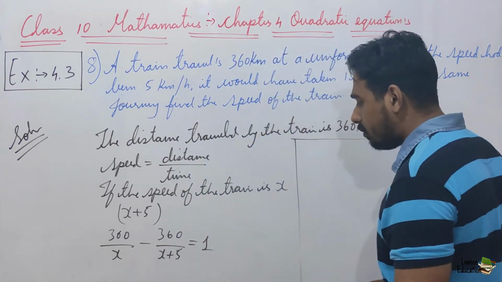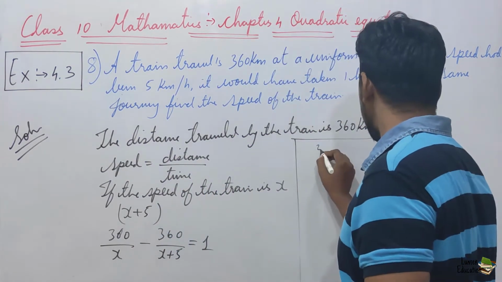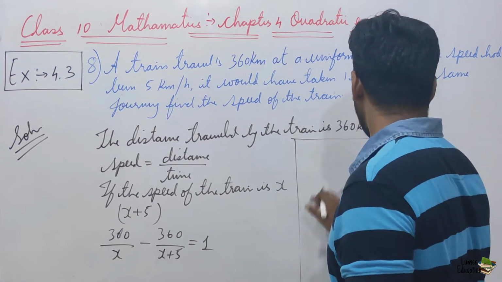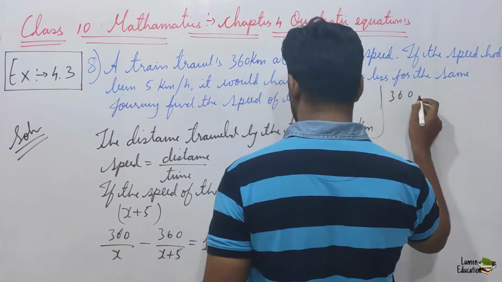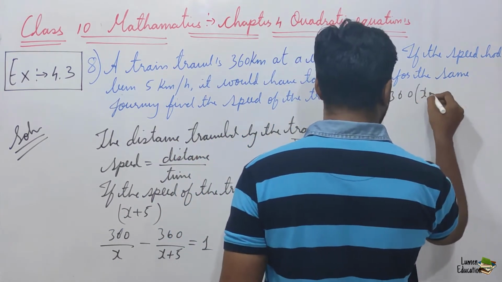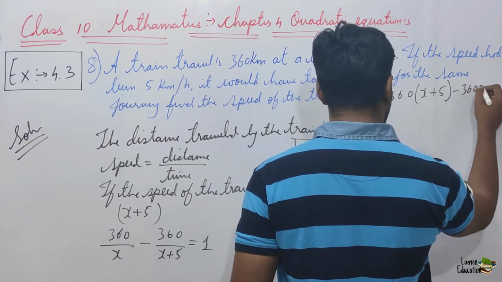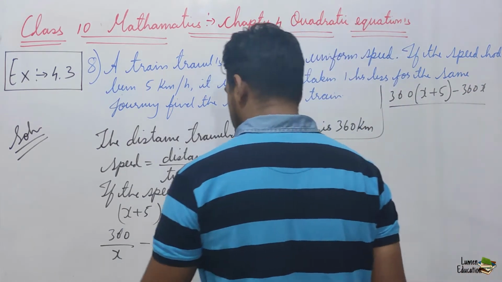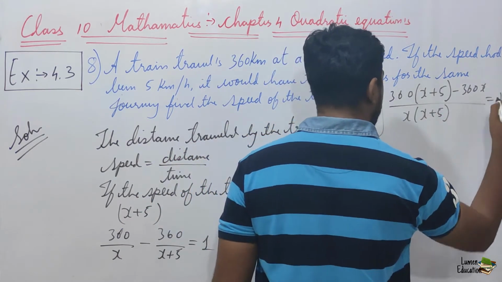Now here, clearly see here, 360 into x plus 5 minus 360 x, LCM is x into x plus 5 is equals to 1.